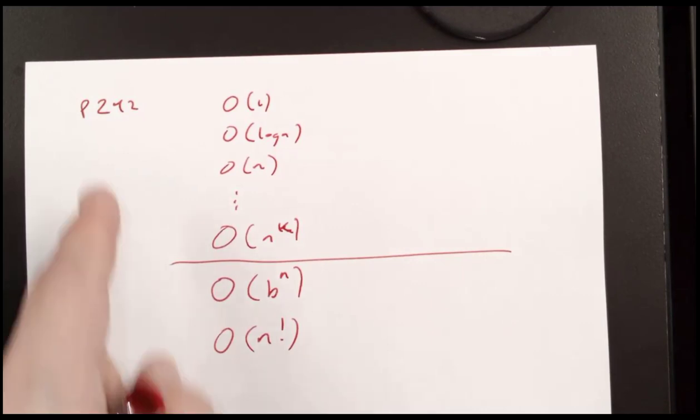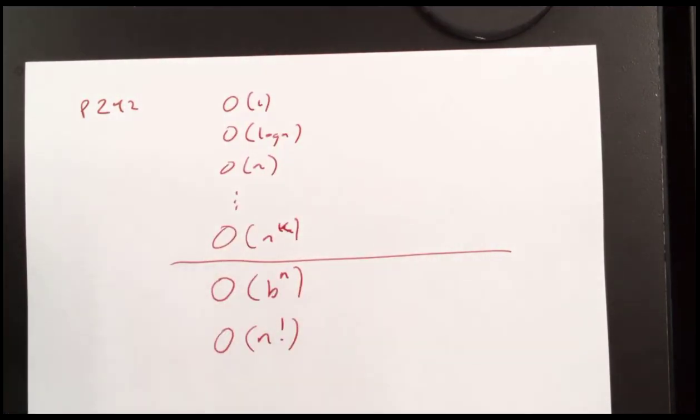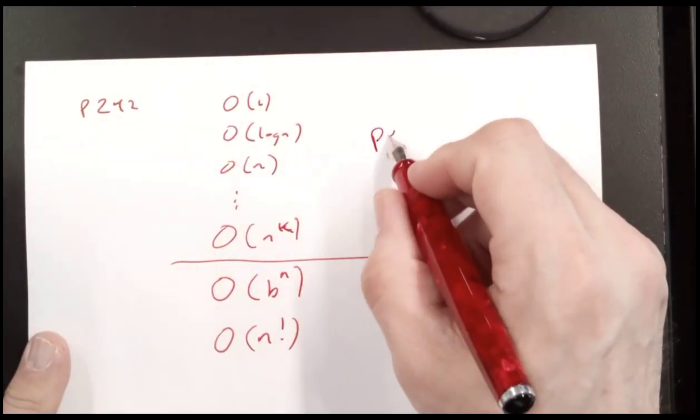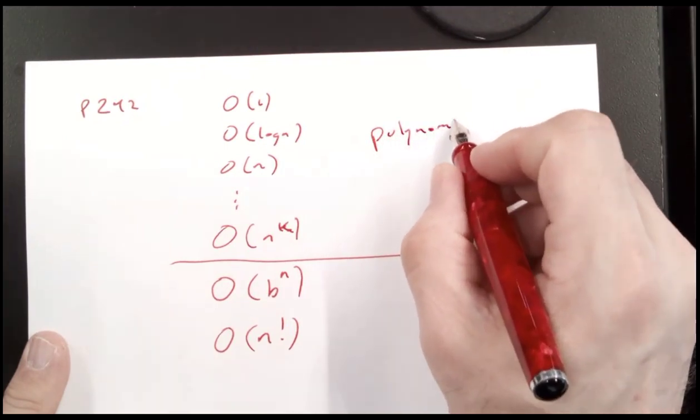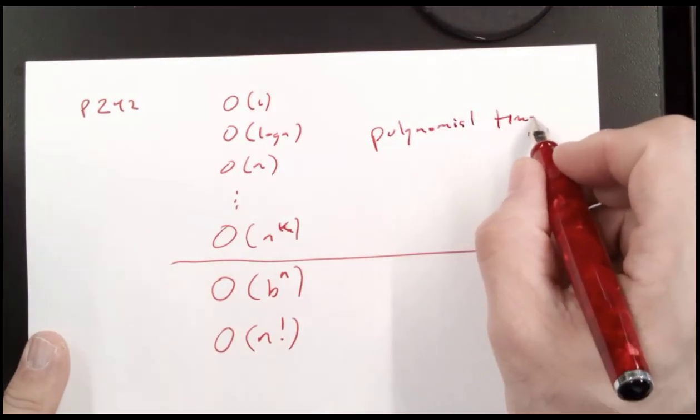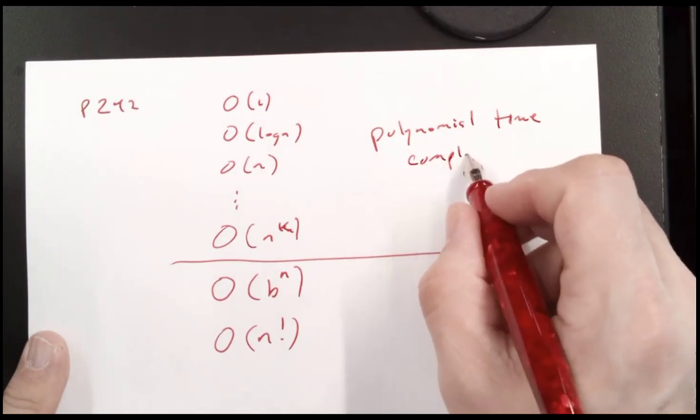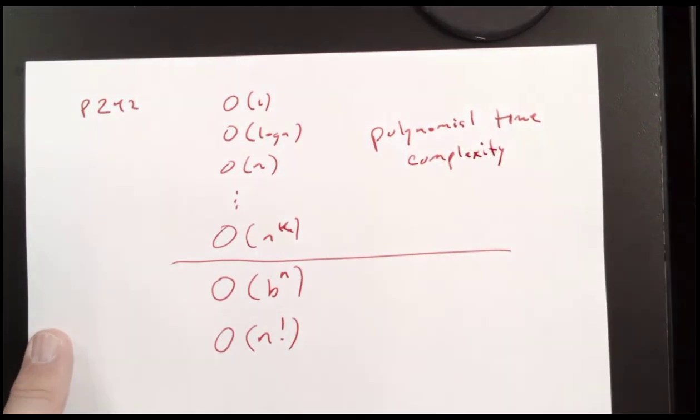Any problem in this group is said to have polynomial time complexity. It is at worst solvable in a polynomial based on the number of steps involved, based on the size of the input.